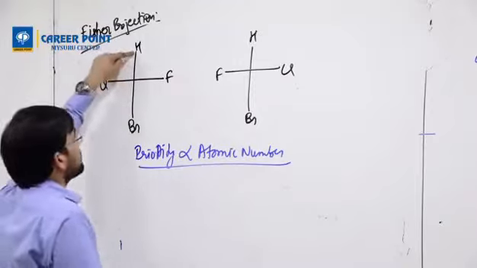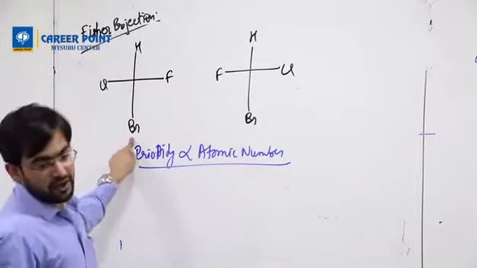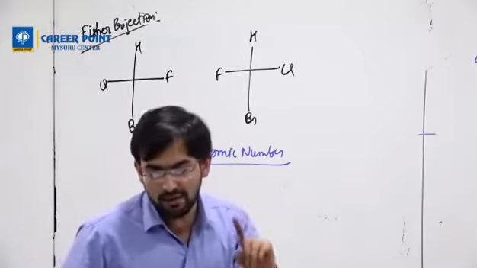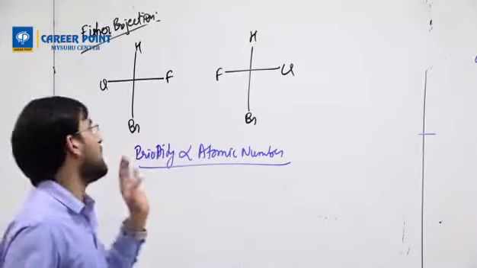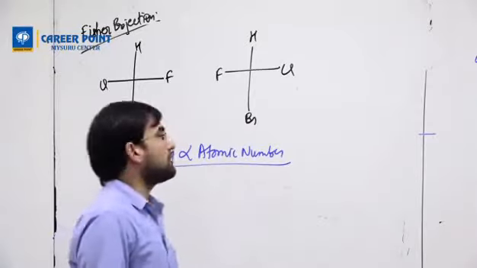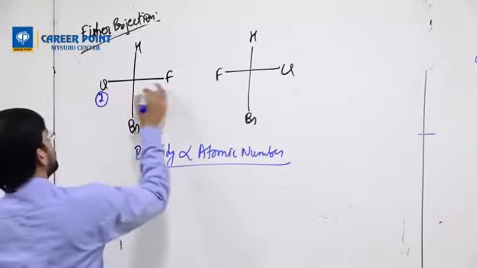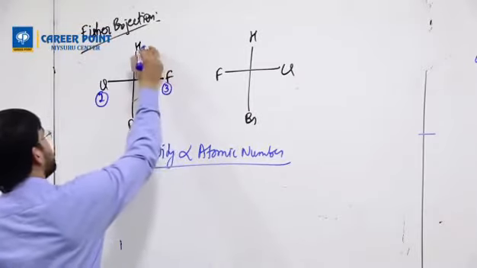What is the atomic number here? 1, 9, 17, 35. Whoever has the maximum atomic number gets the maximum priority. Maximum priority is 1. Once you have maximum priority, then the second maximum is 2, 3, 4.